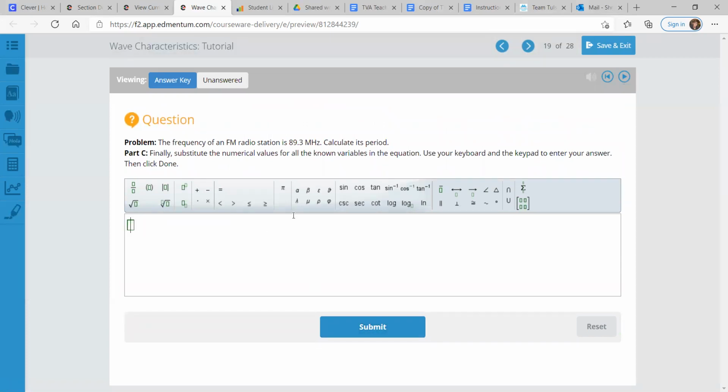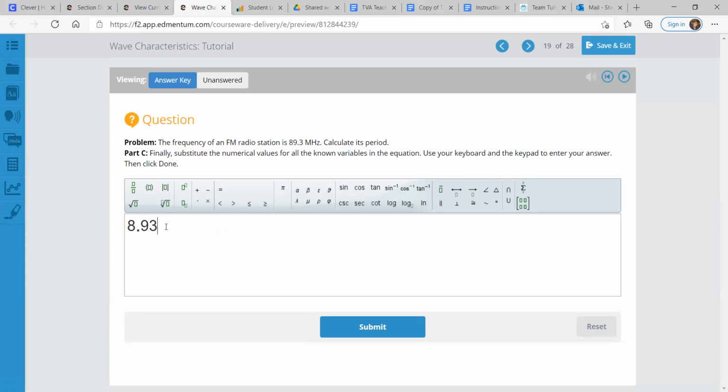So if you have 89.3 megahertz, we like scientific notation, so you're going to move that decimal over one space, giving 8.93.